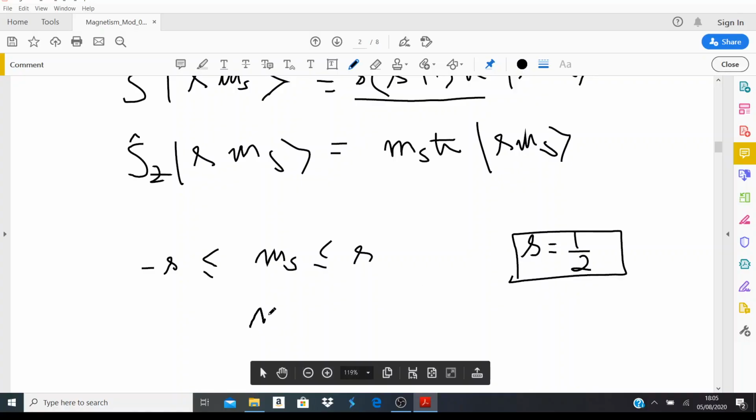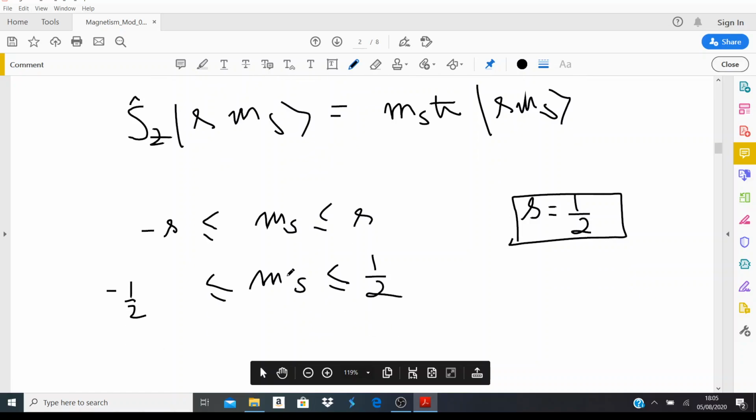What that means is that Ms lies between minus half and plus half, always. But Ms has to be in steps of unity, right? So there are only two possible values.